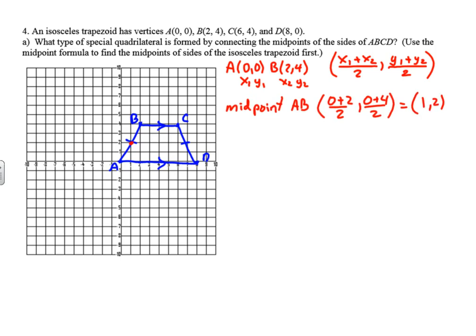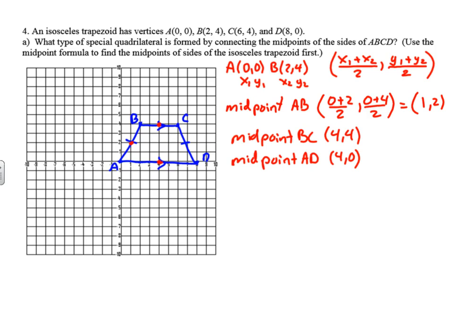So here's our midpoint. The midpoint of BC we could find by counting. We could use the formula, but we could also just count 1, 2, 3, 4. So right here, that's going to be the point 4, 4. Let's do the same approach for AD. If I count 1, 2, 3, 4, 5, 6, 7, 8, half of 8 is 4, so the midpoint is 4, 0.